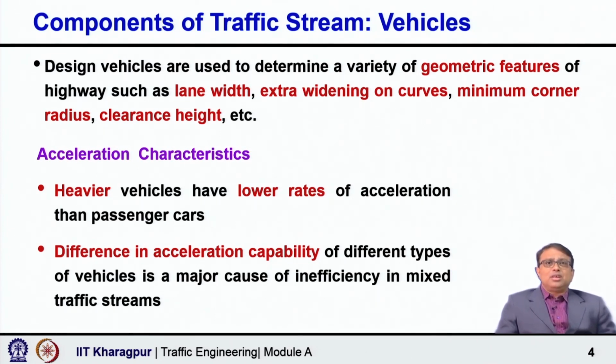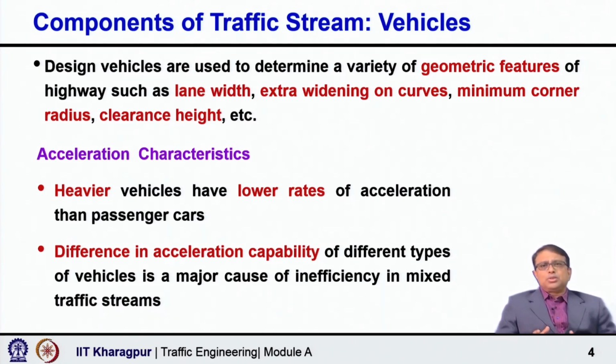Heavier vehicles have lower rates of acceleration than passenger cars, and there is a difference in the acceleration capability of different types of vehicles, and this is a major cause of inefficiency in mixed traffic.